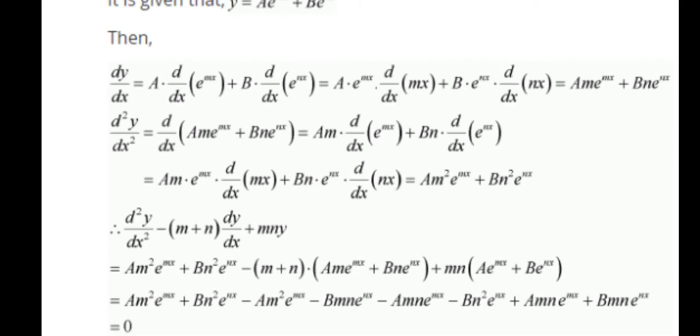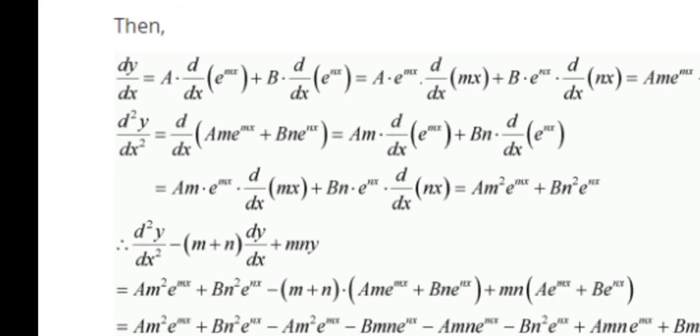Now when we differentiate again, d2y/dx2 is d/dx of dy/dx, we have d/dx of (am e to the power mx plus bn e to the power nx). Here you can see that am is constant, so am comes out from the derivative, am d/dx of e to the power mx plus bn d/dx of e to the power nx.